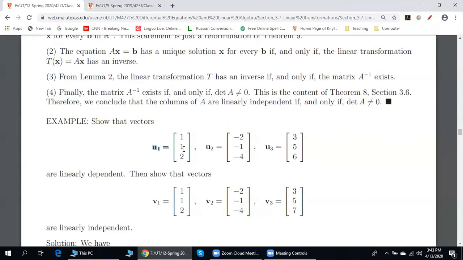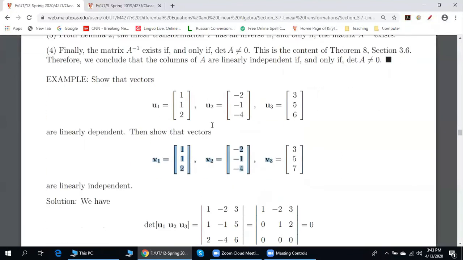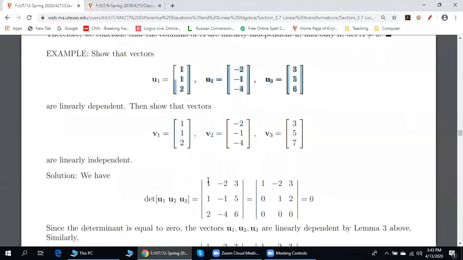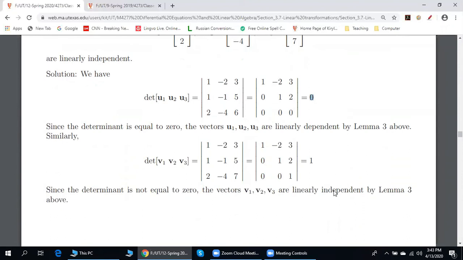Going back to our vectors u1, u2, u3, we put these columns together. We find this determinant by any method, and we see the determinant is 0. Conclusion: vectors are dependent. For vectors v1, v2, v3, we put these vectors together and find the determinant by any method. It is non-zero. Therefore, vectors are independent.